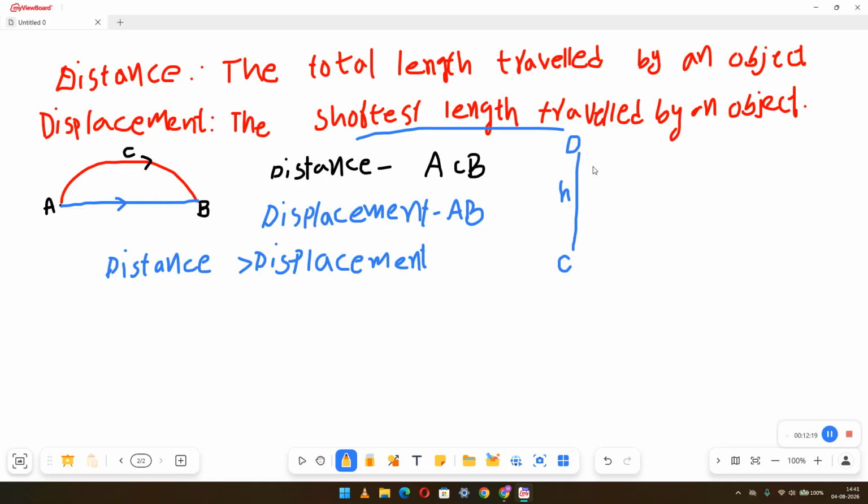The stone travels up to a certain distance in vertical direction and it returns back and reaches the ground, in the opposite direction. Now it travels the distance h to reach the ground. So here what is the distance and displacement?